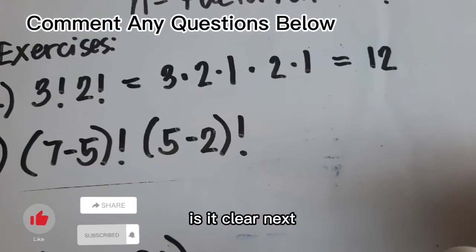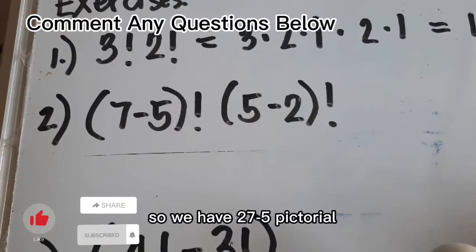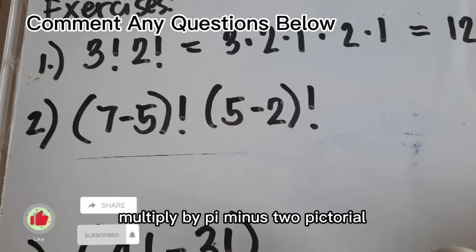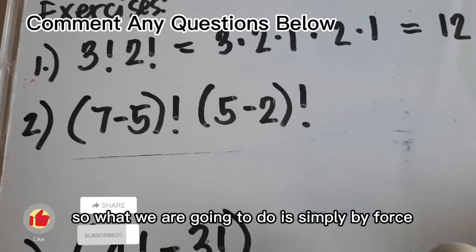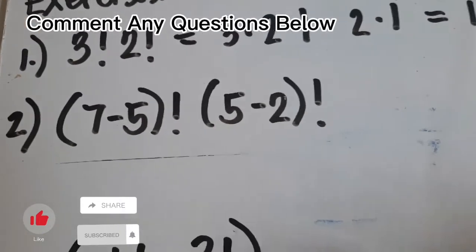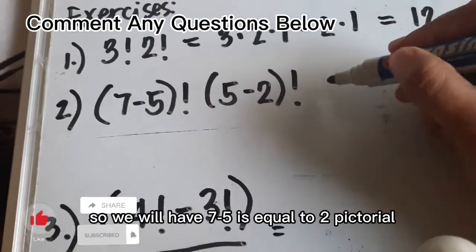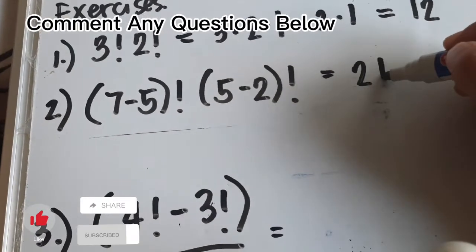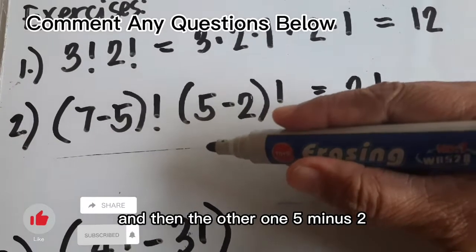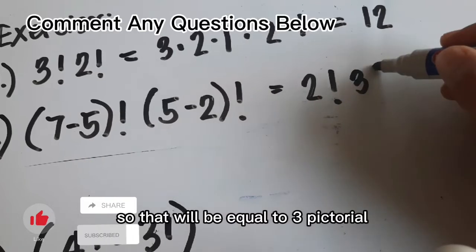Is it clear? Next, let us have number 2. We have the quantity 7 minus 5 factorial multiplied by 5 minus 2 factorial. What we are going to do is simplify first the numbers inside the parentheses. We will have 7 minus 5 is equal to 2 factorial. And then, the other one, 5 minus 2, is equal to 3 factorial.